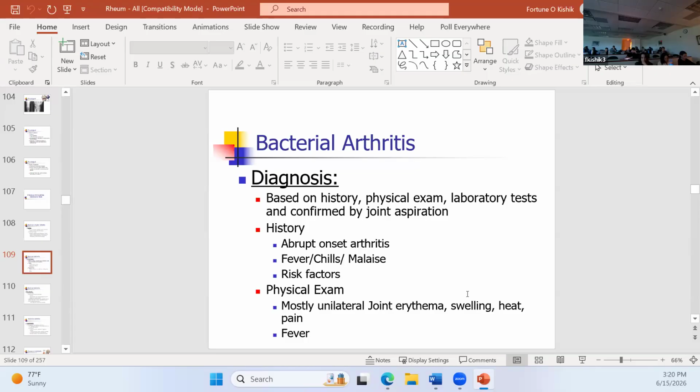And then on the physical examination, once you have the history out of the way, the physical examination is key. As you inspect that joint, because it's usually unilateral. Very rarely will you have someone having bacterial arthritis in both elbows. You will see a lot of IV drug users have it.